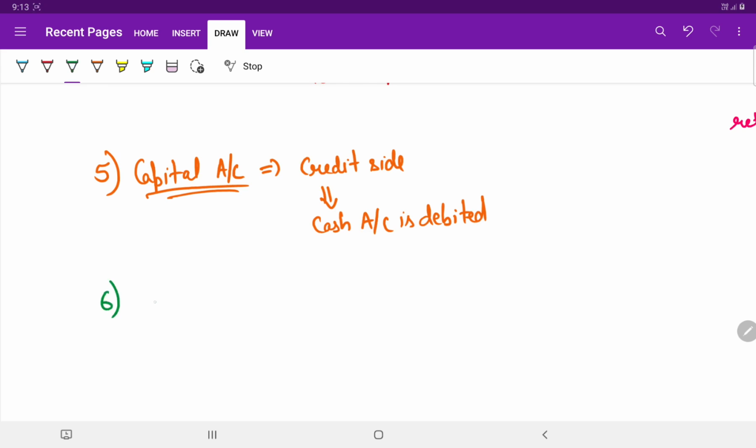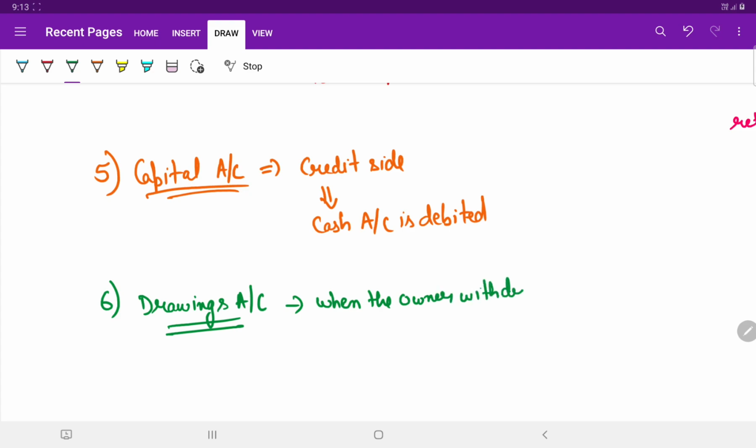So, the sixth type is the drawings account. So, what is a drawings account? When a businessman withdraws money from his business for personal use, then the amount is debited in the drawings account and credited in the cash account. So, it is basically when the owner of the business withdraws the money for personal use.